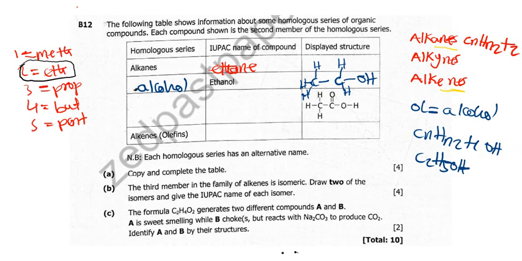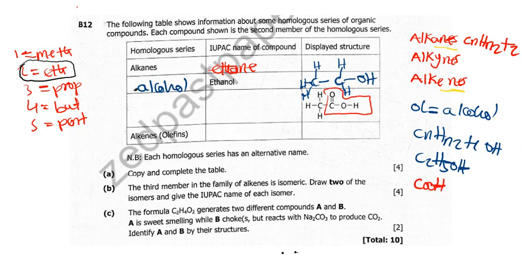Next, the third row, we have the structure here. So from the structure, I want you to focus on this part. This part will tell us the family from which this compound came from. So this part is COOH.